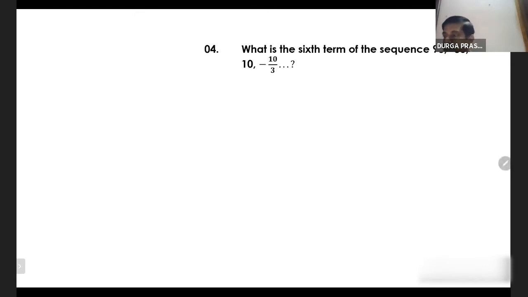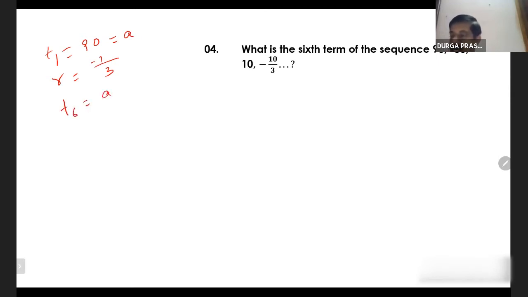What is the sixth term of the sequence? 90, minus 30, 10, means we are dividing it by minus 3. T1, this is a GP series, 90. This is A. R is minus 1 by 3. And he is asking to find the sixth term.